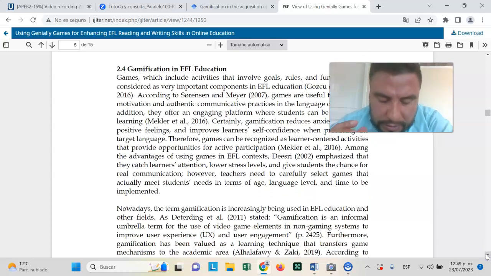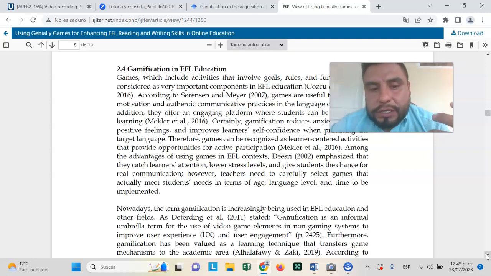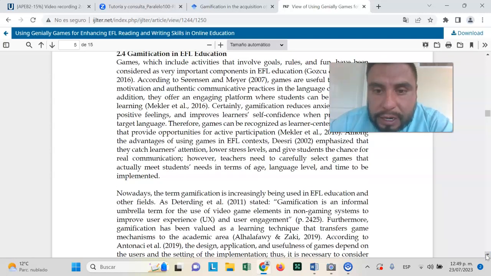In this part, it is very important to highlight that gamification is a really useful tool to teach a new language, because it avoids mental blocks, catches the students' attention, reduces their stress, and students are motivated to carry out these kinds of activities, like games, because they find interesting topics. So it is a really important part about gamification.